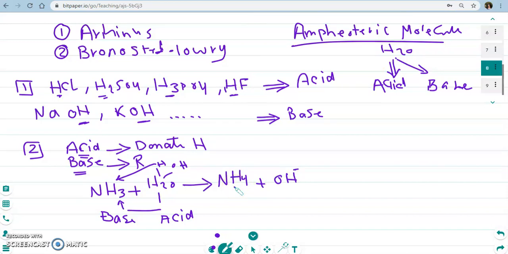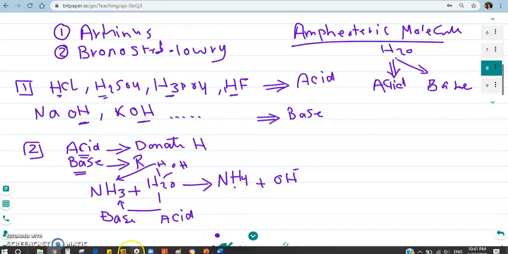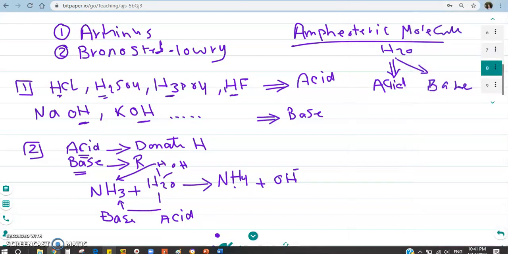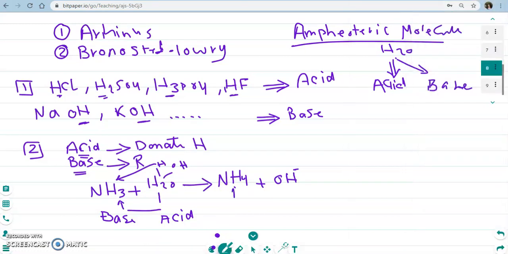So if this is an acid, and this will be the base, then this will be the conjugate acid, meaning it has potential to be an acid.